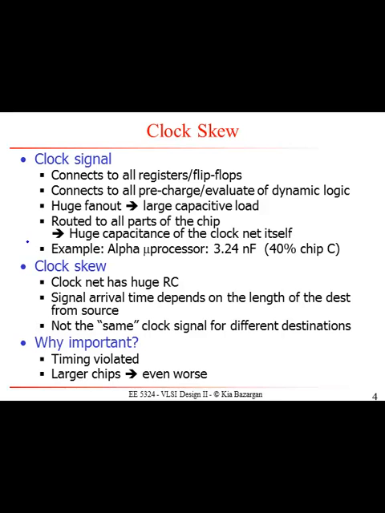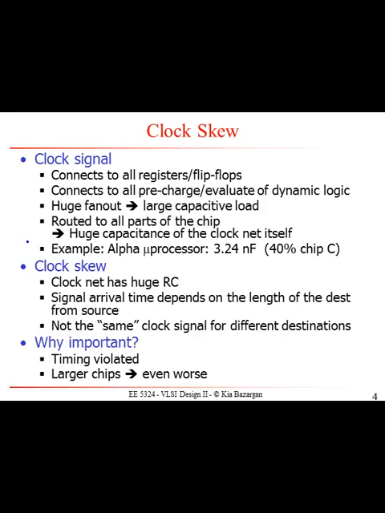Okay, so basically when you look at the clock signal, it connects every single register and flip-flop, either in a whole chip, which used to be the old days, or a big chunk of the chip. So if you have 5 or 6 clock domains, and in embedded systems you could have 10, 12, 15 clock domains, you're talking about approximately 1/10 of all the flip-flops in your system, which itself is a huge number.